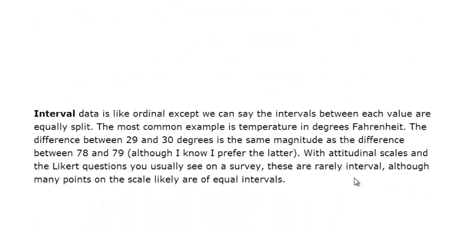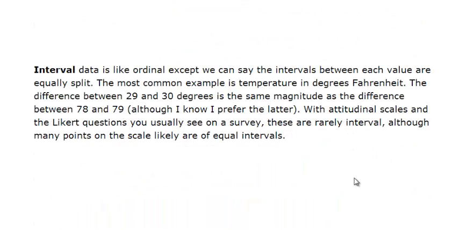Interval statistic, the third one, that makes up the third of the 4 choices, is kind of like an ordinal statistic, except that there are regular intervals between each value. And again, an example, temperature. 80 degrees and 60 degrees, of course, are both statistics.